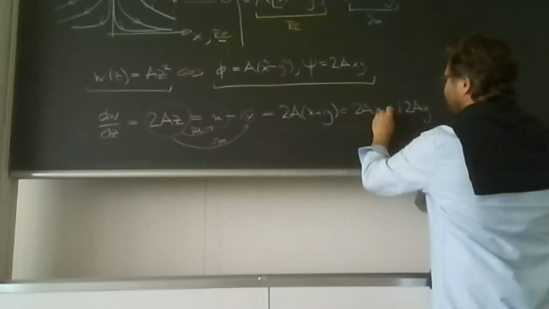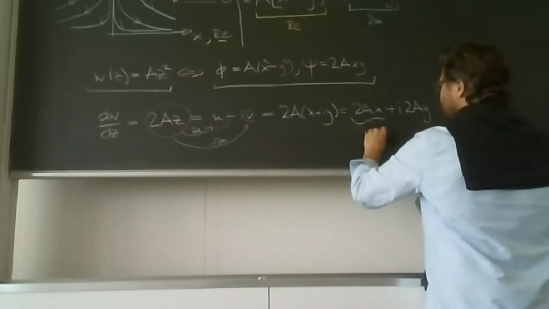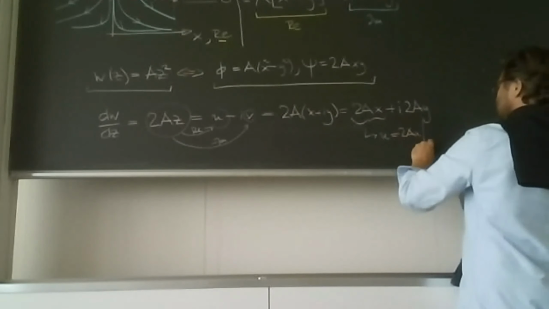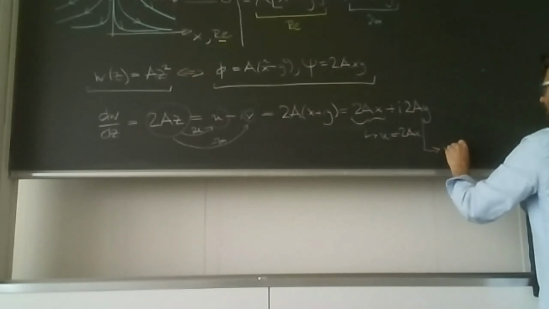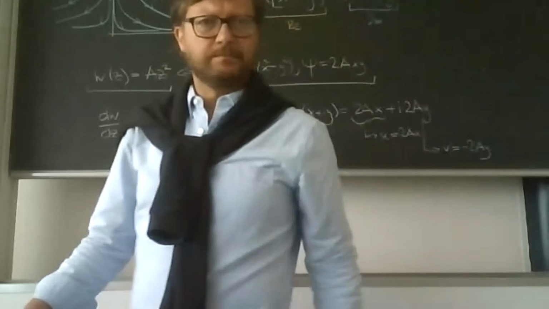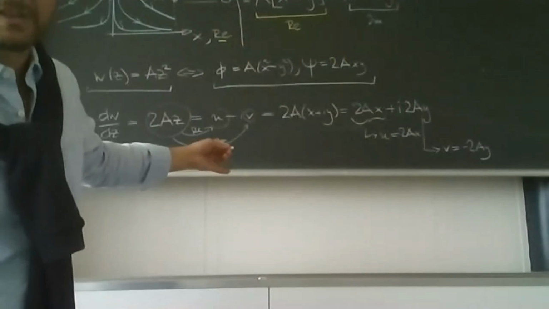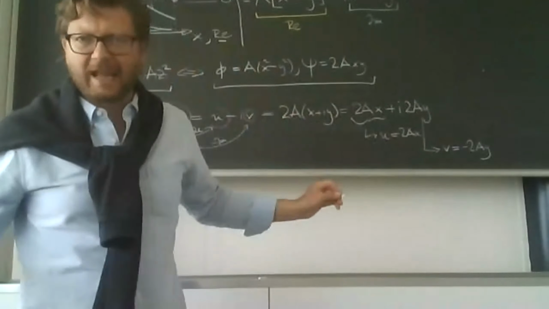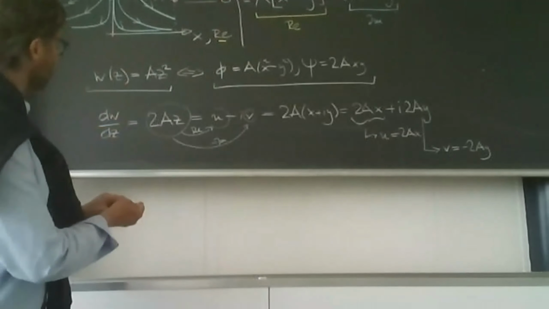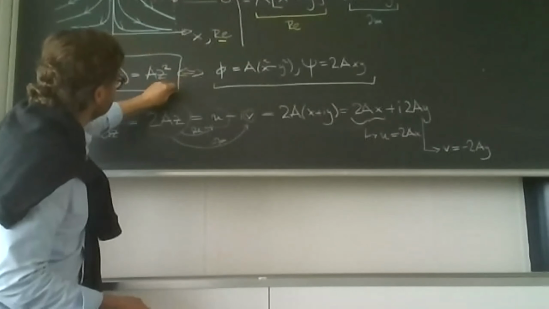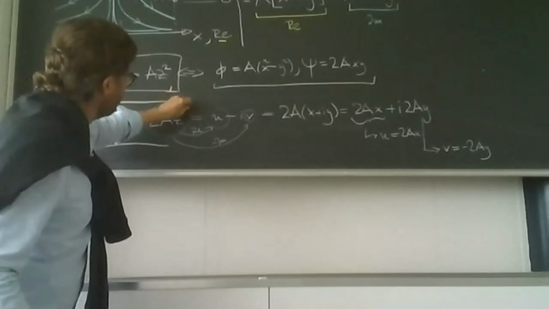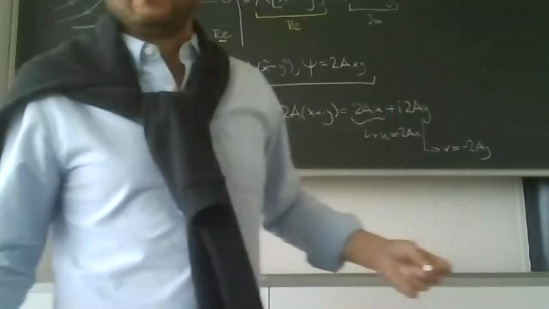So it immediately follows that u is 2ax and v is minus 2ay. So there's nothing really new here. I mean, we had these results last week already. The only difference now is we got these results simply by looking at this complex potential and by simply taking the derivative with respect to z.